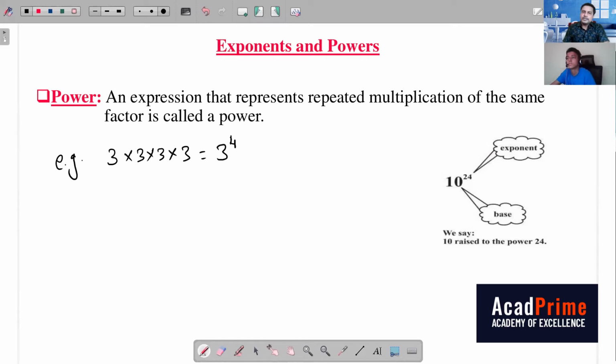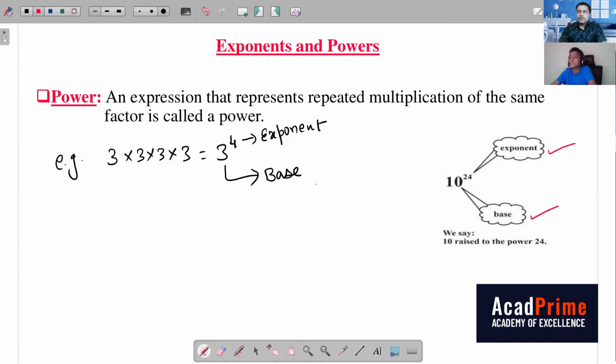That means 3 is multiplied 4 times. This 3 is called the base, and this 4 is called the power or the exponent, as I have also shown in the diagram. So this is the meaning of exponent and power.